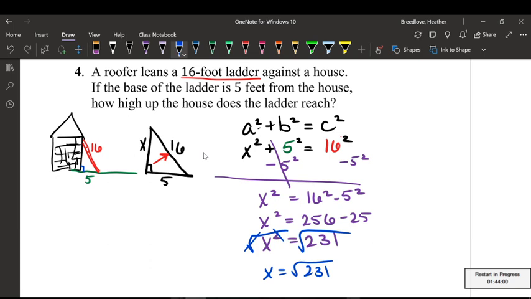Calculator. There it is. And so now I need to simplify the radical.